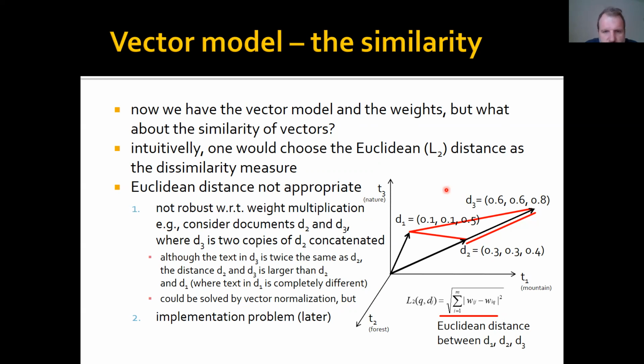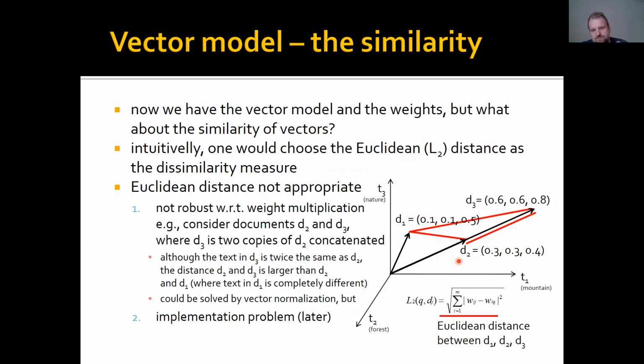But if we consider the vectors as points in space, the natural choice is, of course, the Euclidean distance. So we could measure the distance between D1 as a point here and D3 as a point here, the distance between D1 and D2, and D2 and D3, the red lines, right?